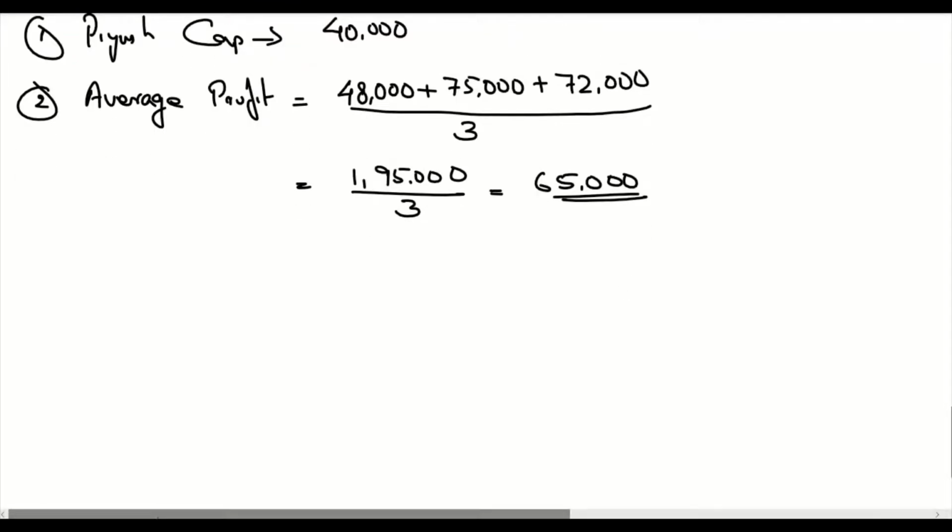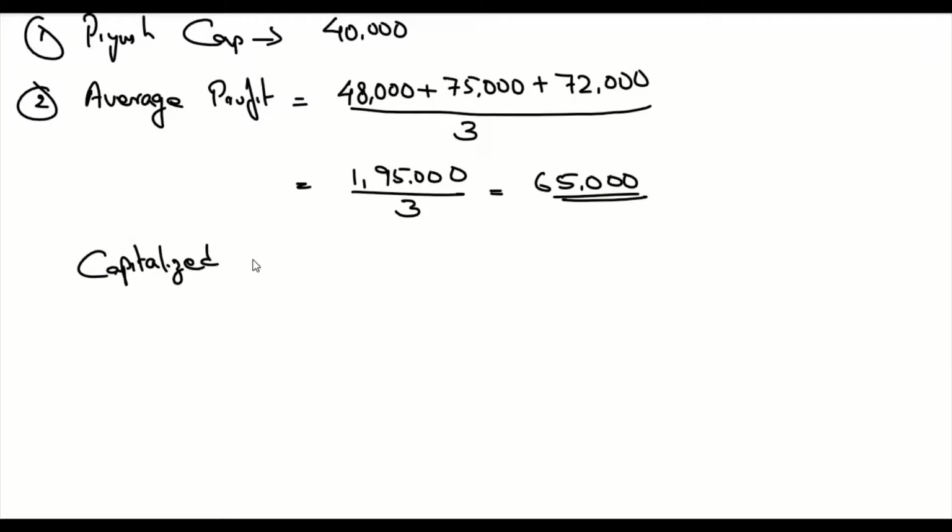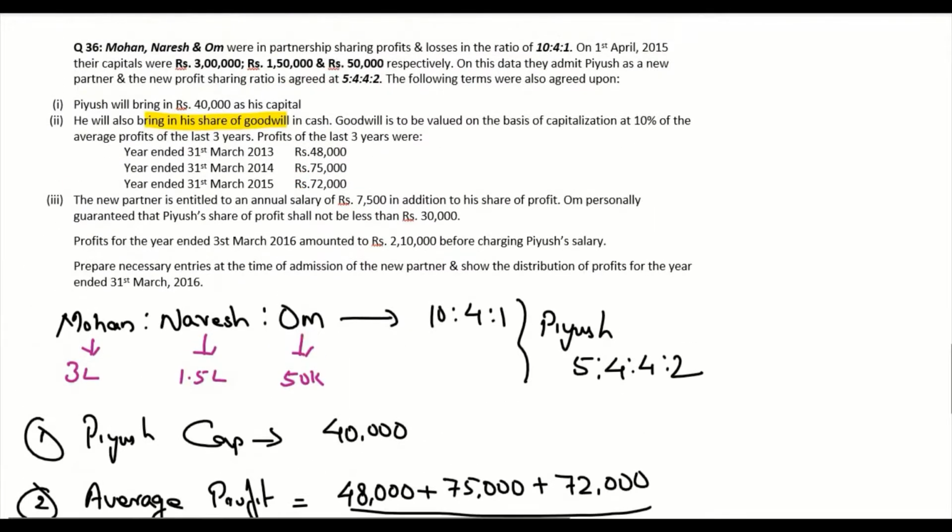Now we need to find the capitalized average profit. So capitalized average profit is equal to 65,000, the average profit of the firm, multiplied by the normal rate of return. So we need to see in the question which is the normal rate of return.